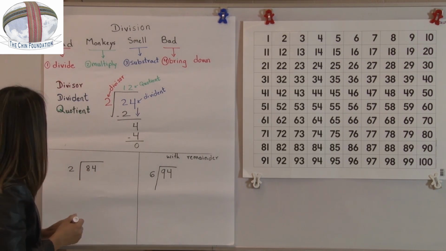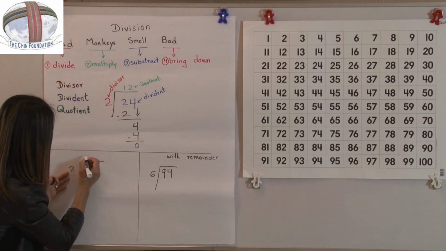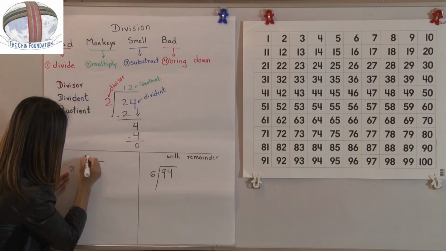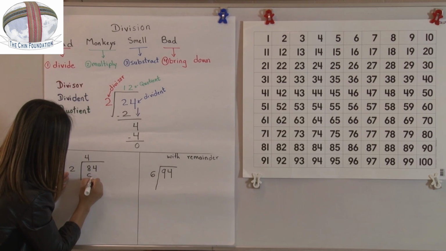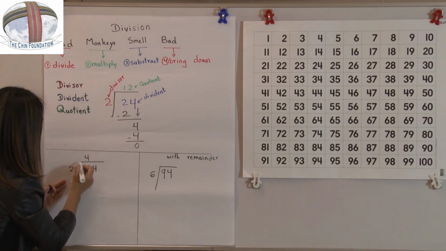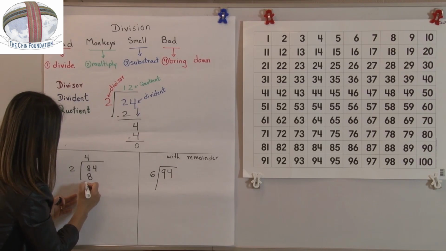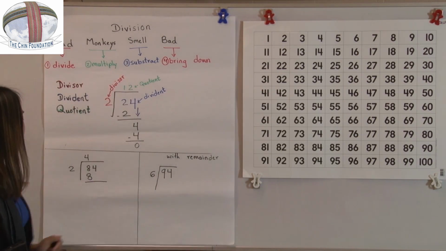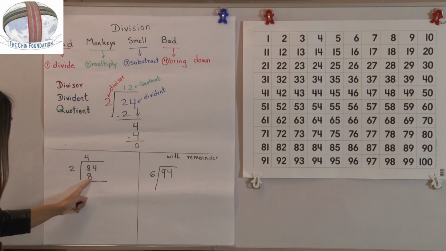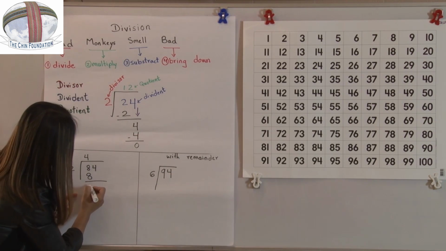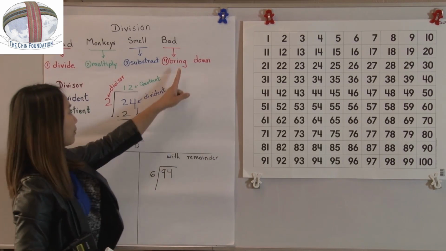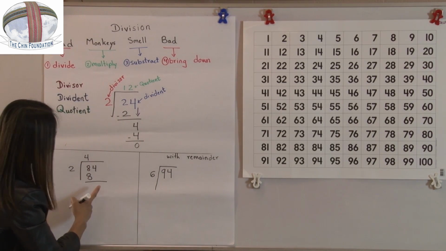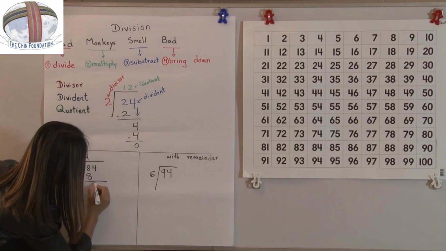So 4 groups. Okay, so I think the 4 will go into 8. Okay, so 2 times 4 is 8. Now the next step, I need to subtract. 8 minus 8 is 0. I don't need to write 0. The next step is bring down. So I have to bring down the back number 4.